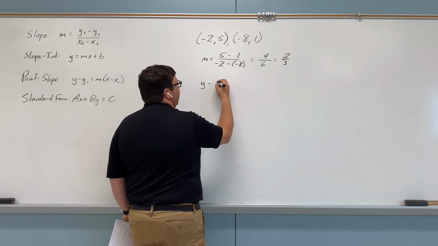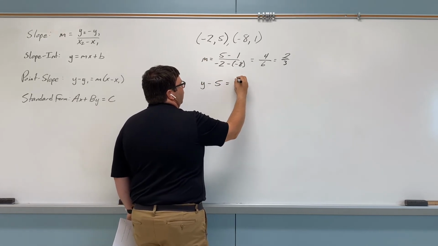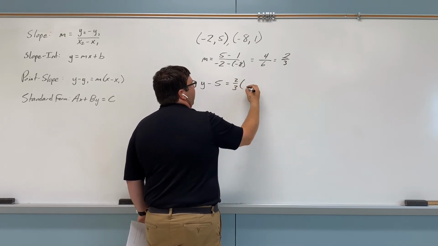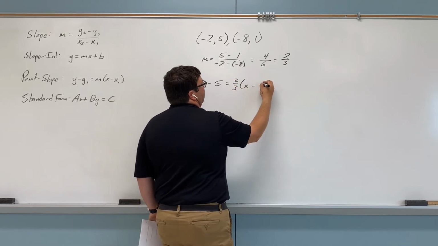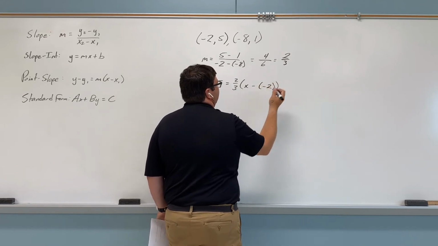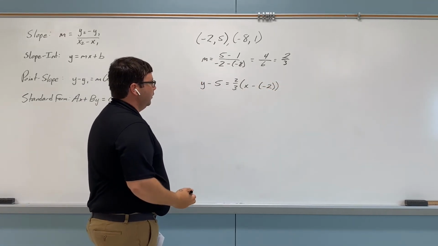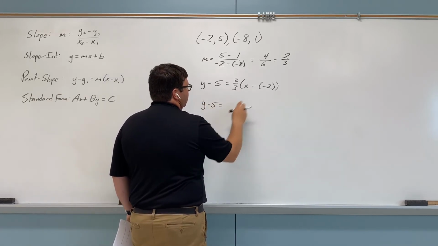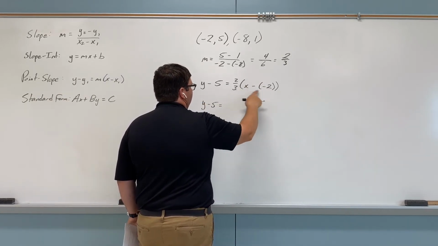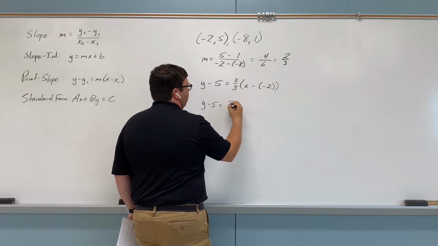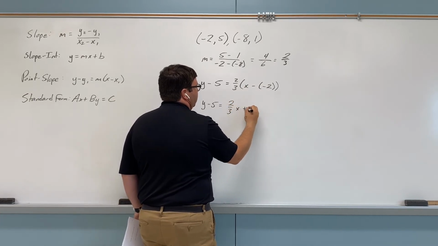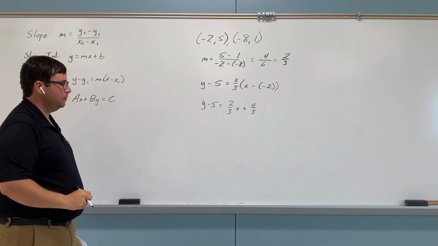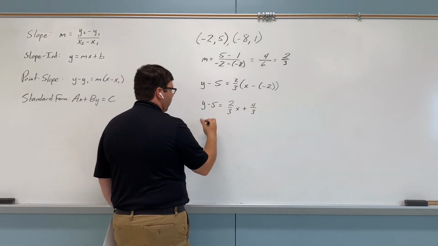Why not? So I have y minus 5 is equal to 2/3 times x minus a -2. Works for me. Y minus 5, do my distribution. Watch your signs here. That's 2/3 x plus 4/3. I got to add my 5 over.